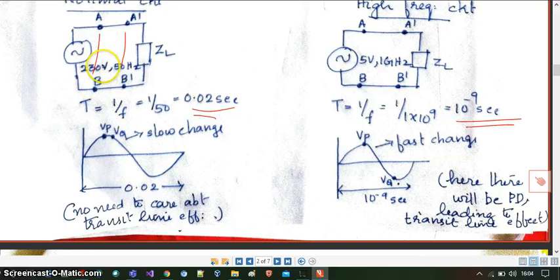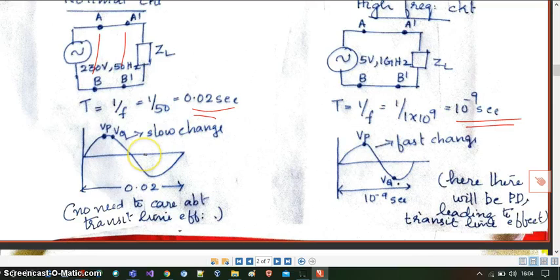While in this case the change will be very slow, compared to the transmission line. So the change in potential difference will be comparatively low in this case compared to this case.